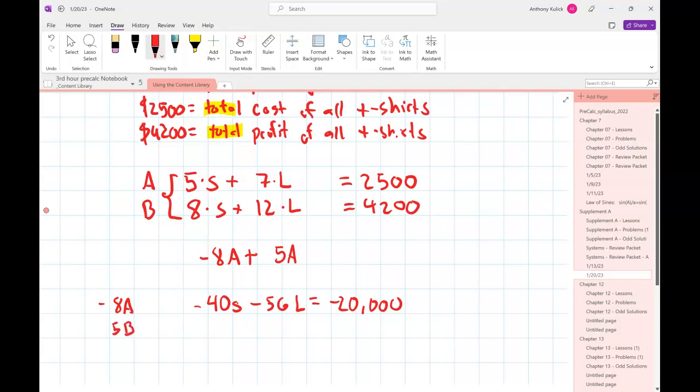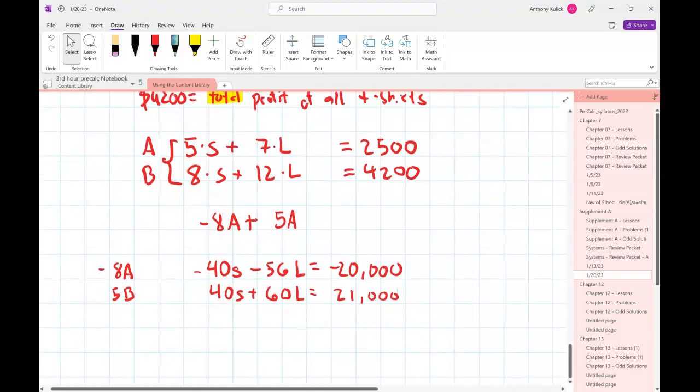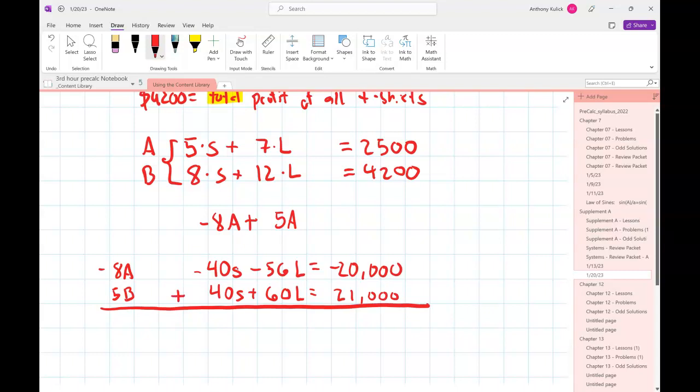The equation 5b then is going to be 40s plus 60l is equal to 21,000. So then we'll add down.